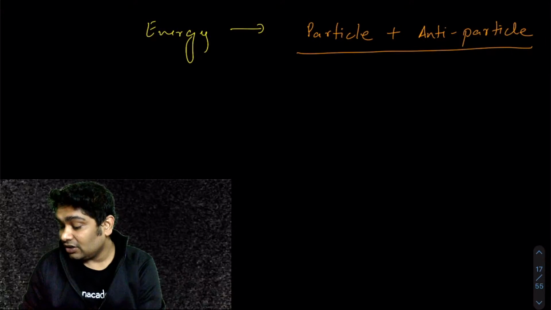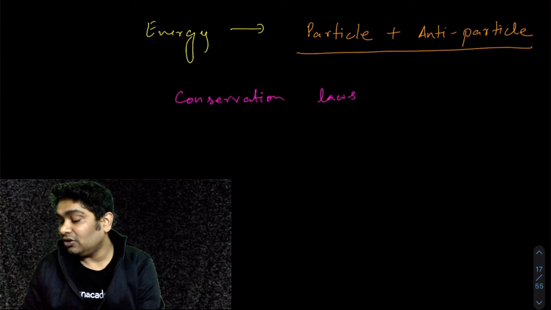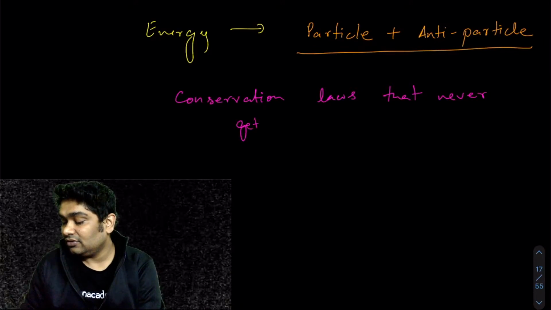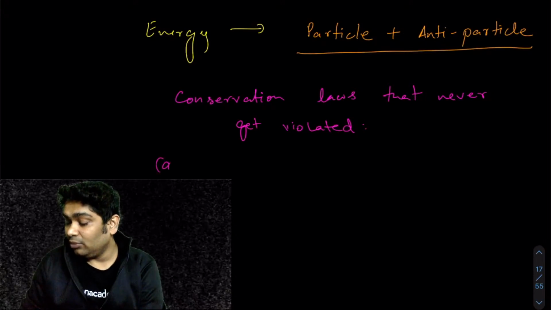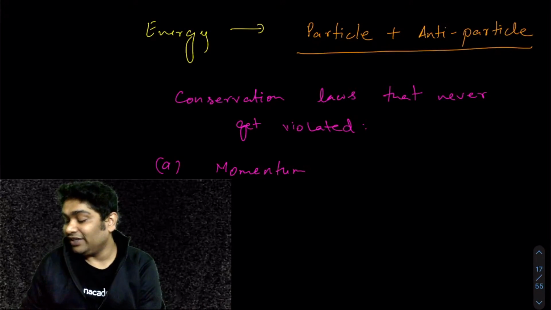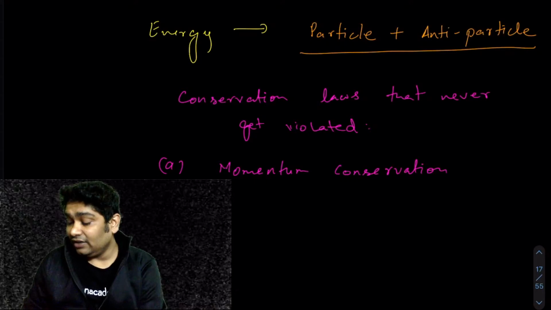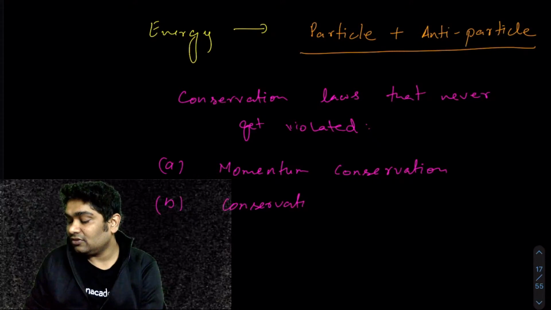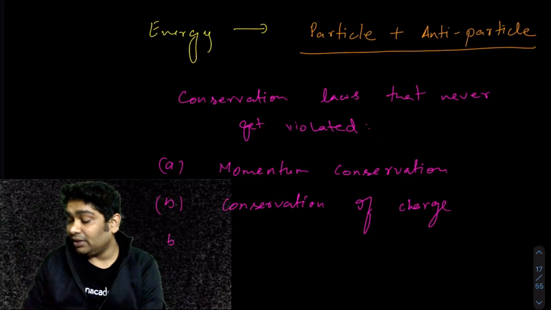Conservation laws that never get violated. These laws are as follows. A, momentum conservation. This is one of the most fundamental laws of nature. This will never get violated. Then, of course, you have conservation of charge. And then you have angular momentum conservation.